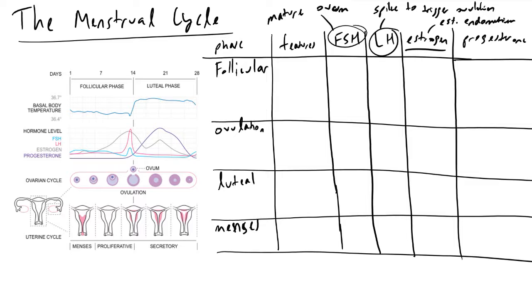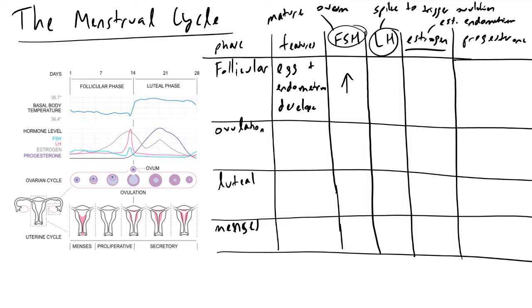What's going to happen in the follicular phase is that we're going to see the egg and the endometrium develop. Given what we know about these 4 hormones in this plot, because we want to mature and develop the egg, we would expect levels of FSH to rise.